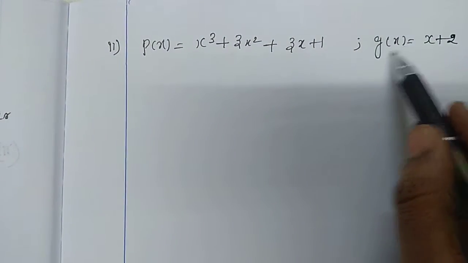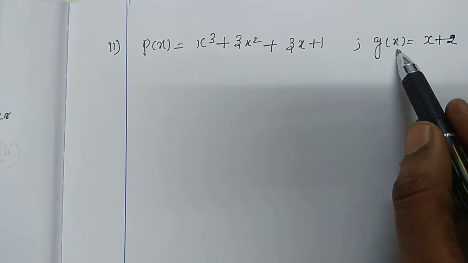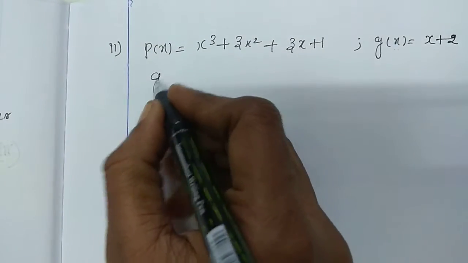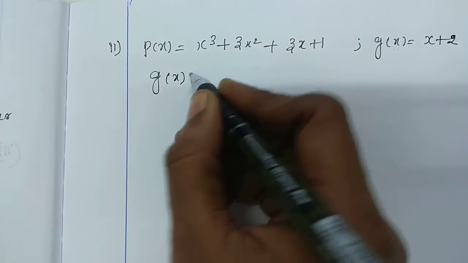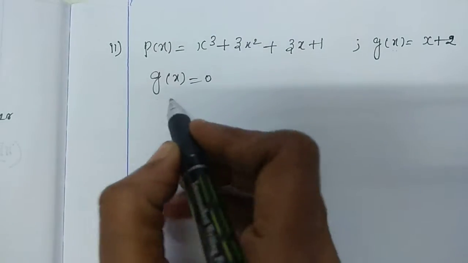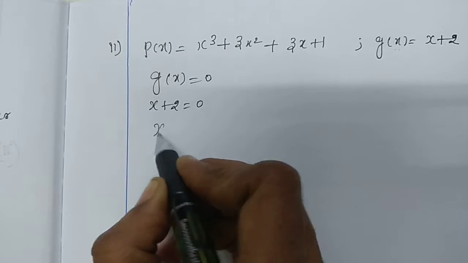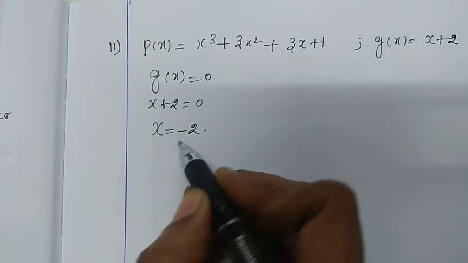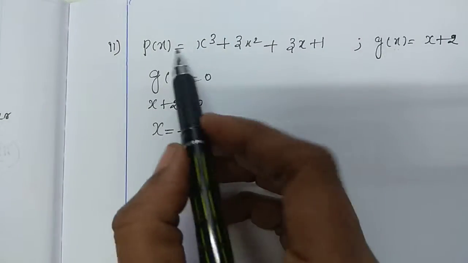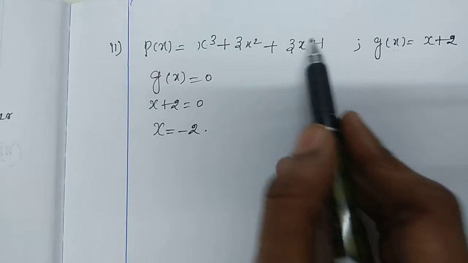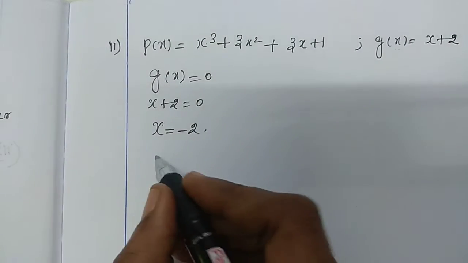For finding the 0 of g of x, first put g of x is equal to 0. We get x plus 2 is equal to 0. X is equal to minus 2. So replace all x in p of x by minus 2.